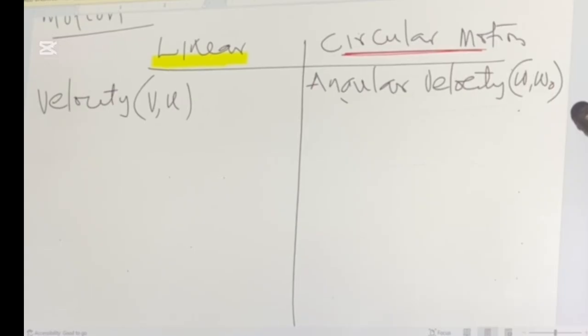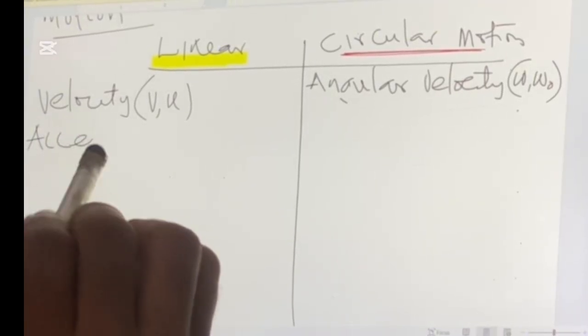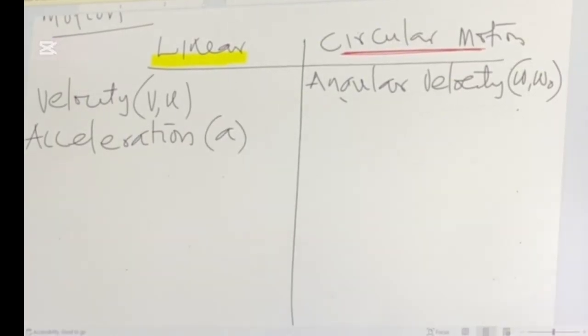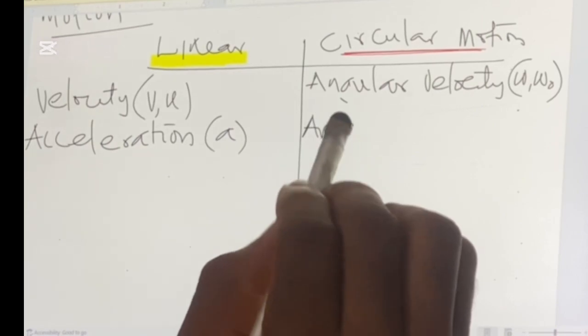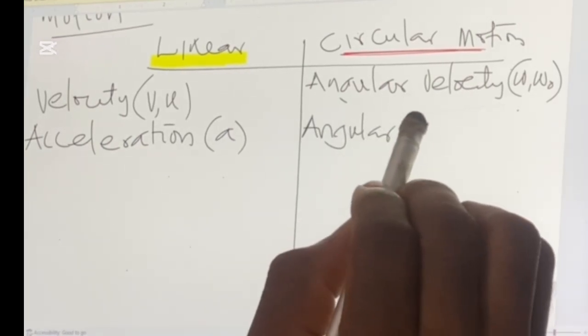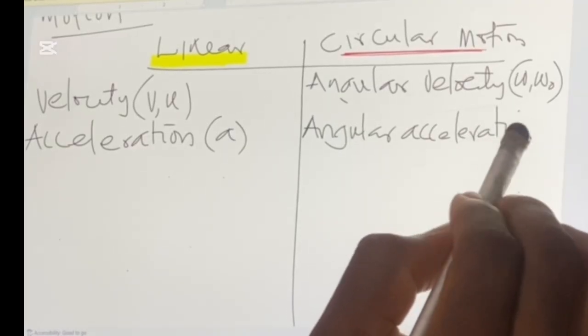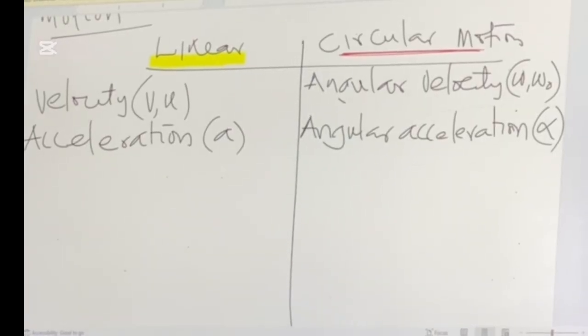Omega represents final angular velocity. Omega naught represents initial angular velocity. The next one here is acceleration. We use a to represent acceleration in linear, but in circular we call it angular acceleration. We use alpha to represent this.